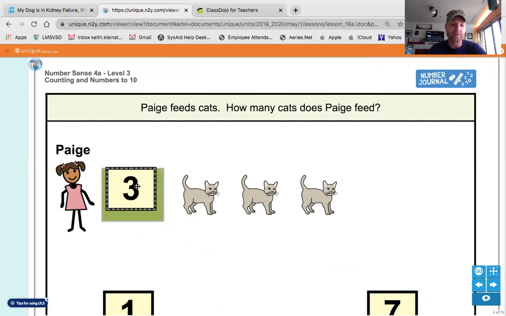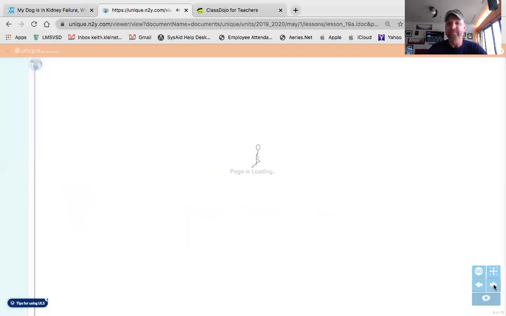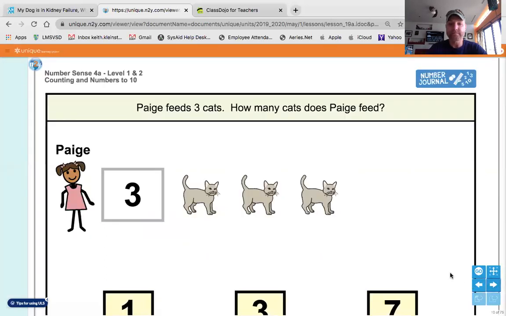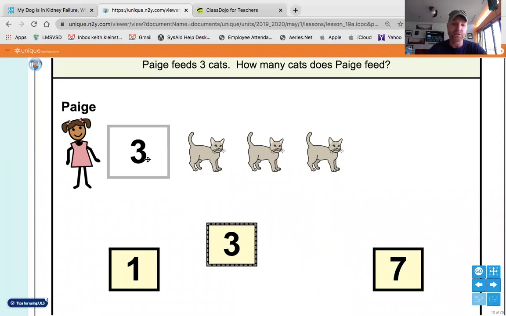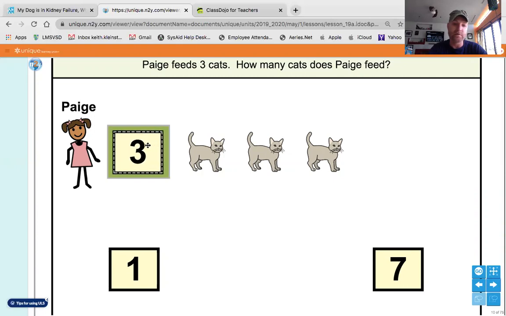She feeds 3. Here's the same one, but this has more support because the 3 is already there. So it's just matching. That gives it more picture support, so they just have to match the number.